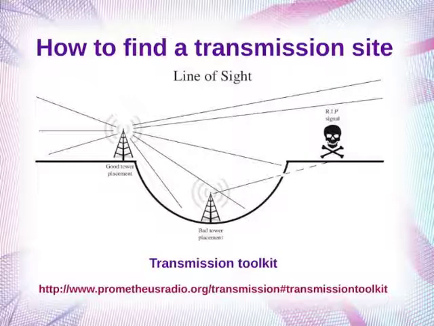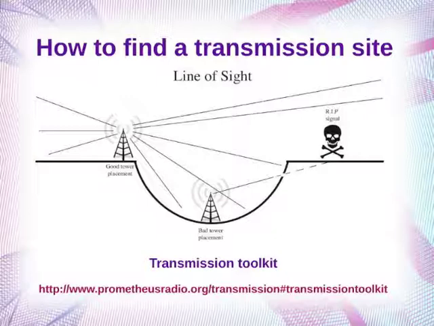Those are some of just the quick things about finding a transmission site. There's a whole lot more on the technical side of it, and we encourage you to visit our transmission toolkit, which is on our website, prometheusradio.org, at the subpage transmission, and there's a link on your screen, and that'll tell you more about how to find a transmission site.